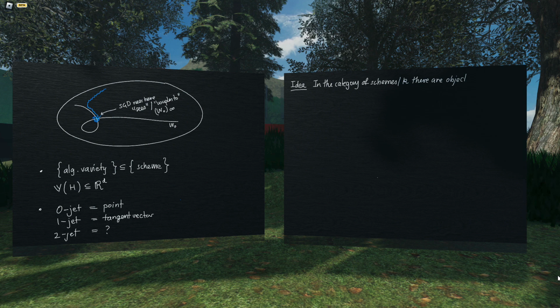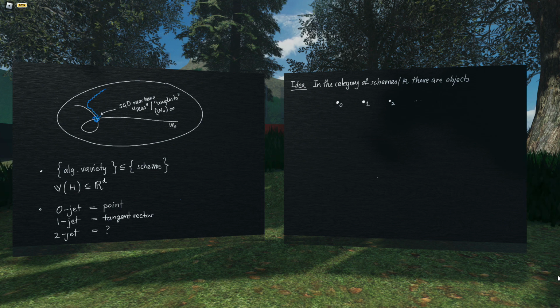In the category of schemes over K, there are special objects which are not in fact varieties. They're outside the subcategory of the algebraic varieties. They're not irreducible, though it depends whether or not you believe varieties are irreducible. Okay, they're not like the objects that we've usually been considering, I suppose.